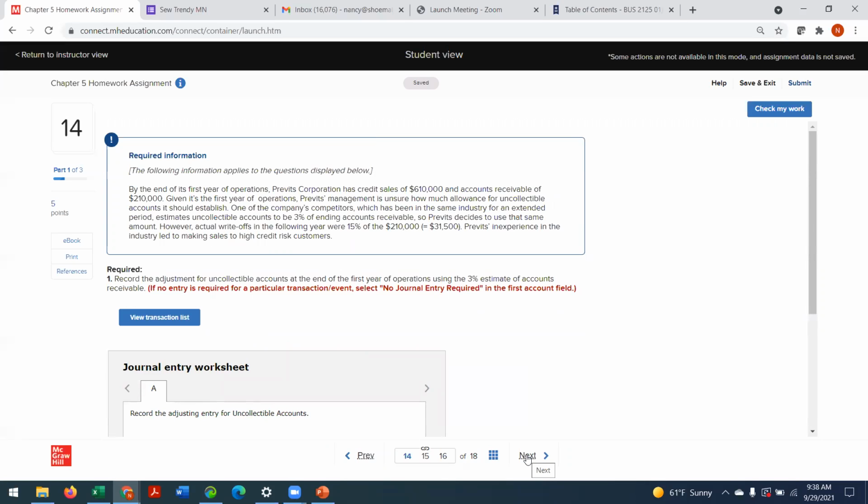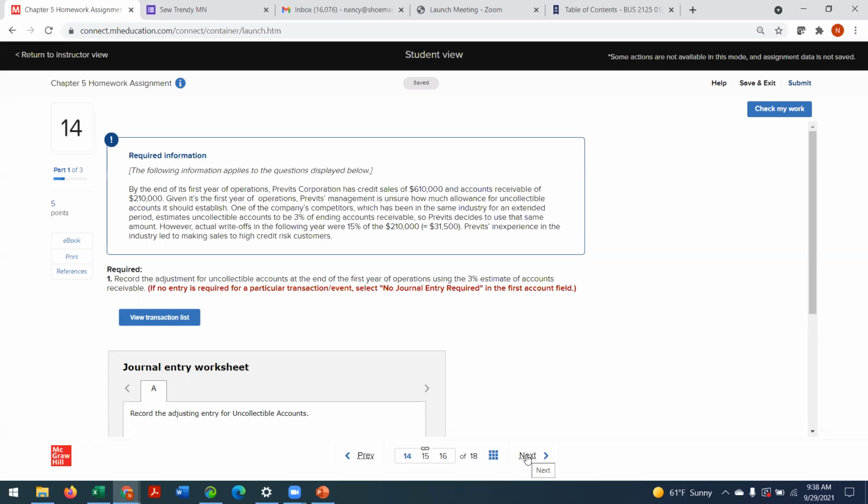Let's look at number 14 here. By the end of its first year of operations, Previtz Corporation has credit sales of 610,000 and accounts receivable of 210,000. Given it's the first year of operations, Previtz management is unsure about how much allowance for uncollectible accounts it should establish. One of the company's competitors, which has been in the same industry for an extended period, estimates uncollectible accounts to be 3% of ending accounts receivable.